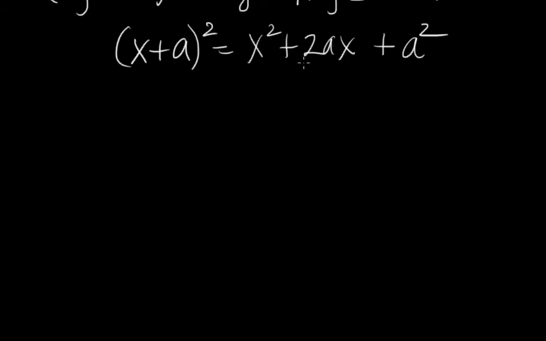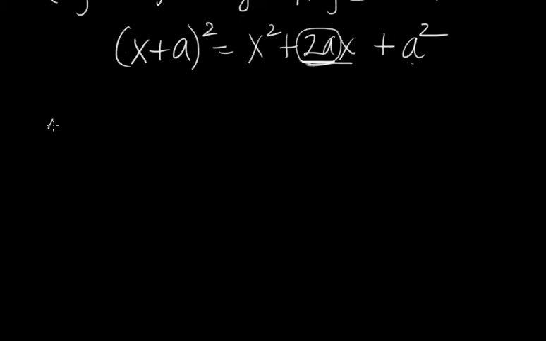Notice the coefficient of x is twice the product of the two, the coefficient of x is double a. So if you divide the coefficient of x in half, you get a, and you square it, that's what you have here.